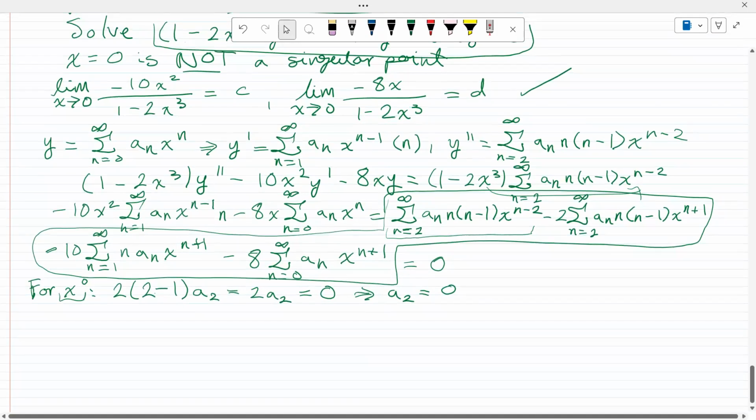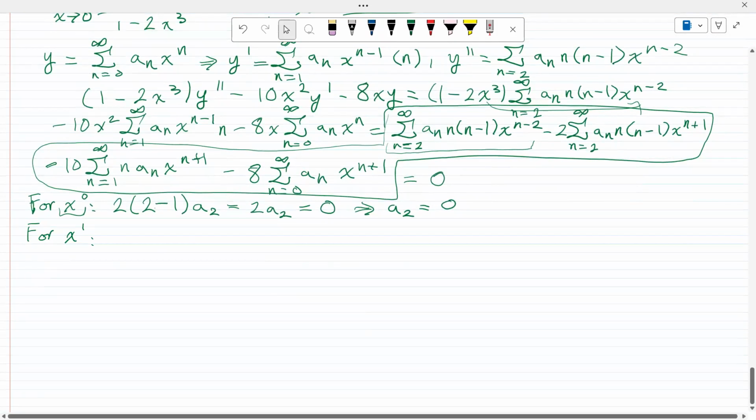Then we look at, for x to the 1, we have a3 times 3 times 2 minus 8a0 is equal to 0. So that would imply that a3 is equal to 4 over 3a0.